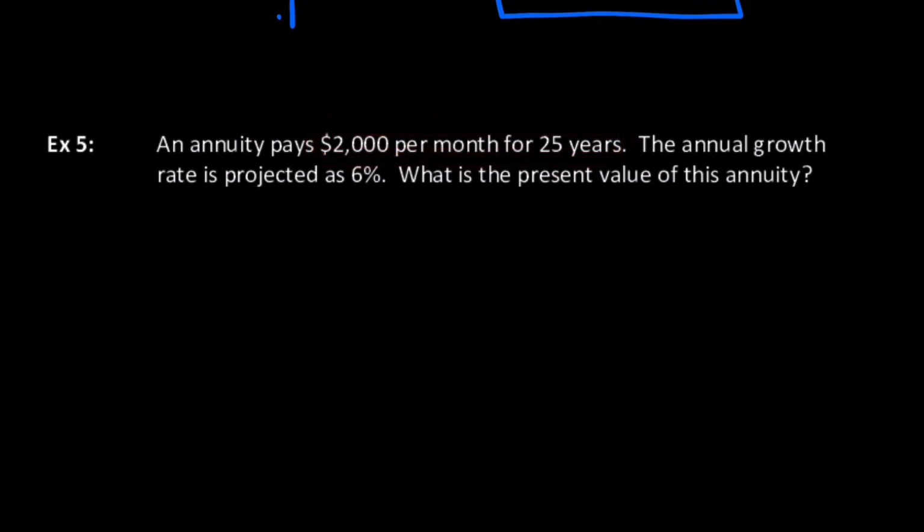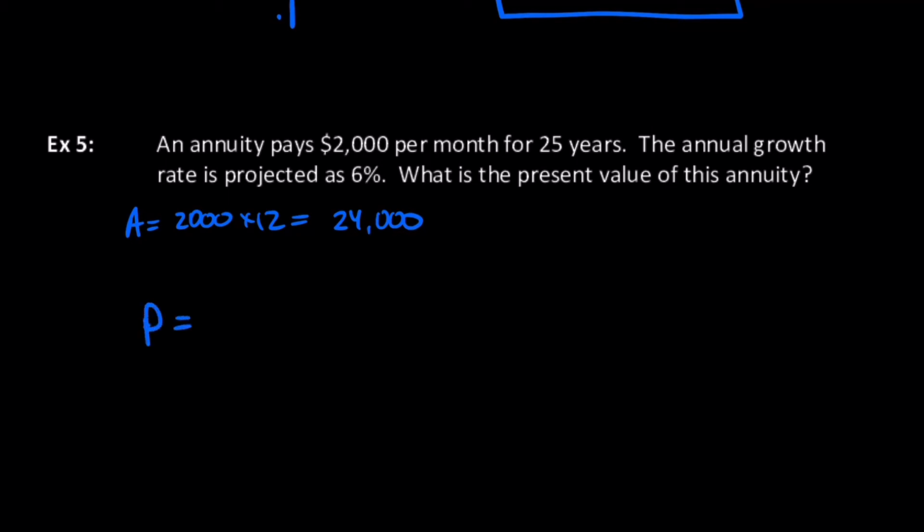Remember, your A value is what it would be each year. So I have to take 2,000 times 12. All right, so that ends up obviously being 24,000. And I'm going to plug into that formula up above.